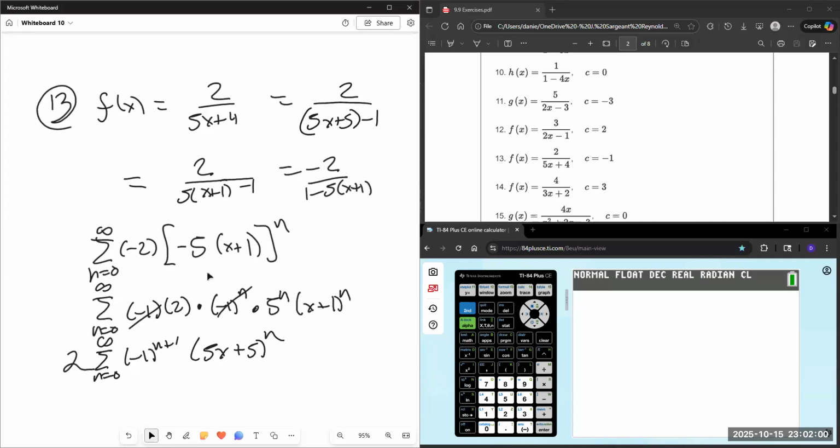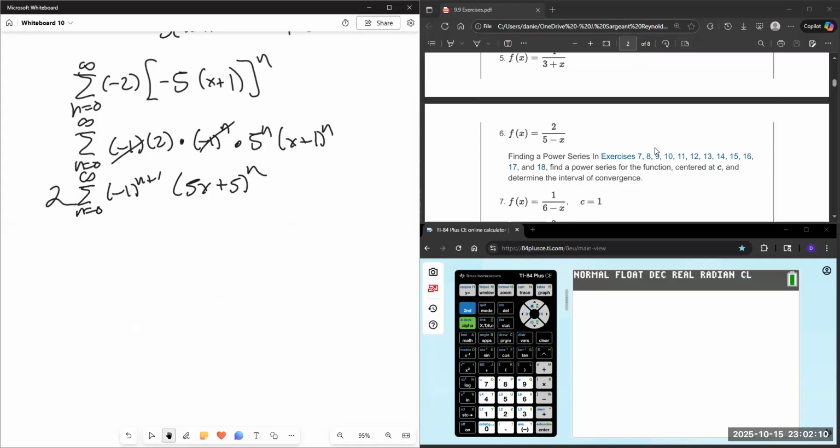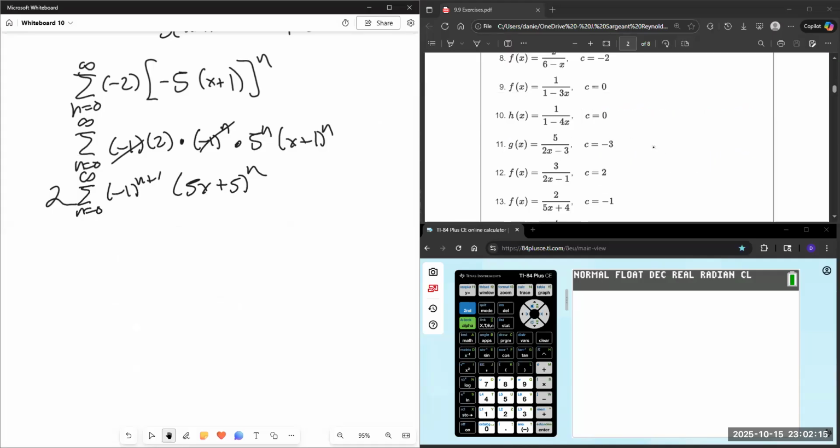And what was I supposed to find? Interval of convergence. So the absolute value of r has to be less than 1. 5 times the absolute value of x plus 1 has to be less than 1.